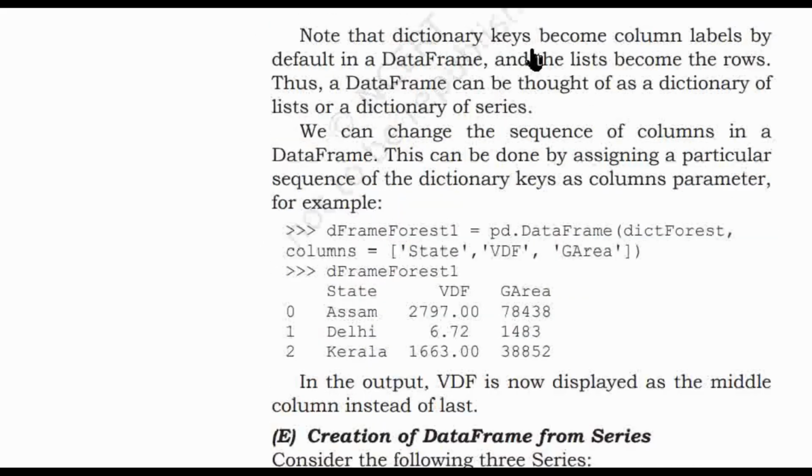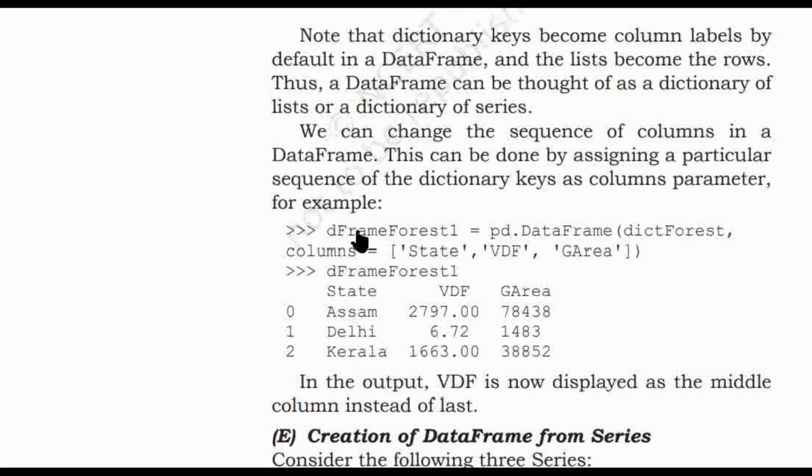Note that dictionary keys become column labels by default in a DataFrame and the lists become the rows. Thus a DataFrame can be thought of as a dictionary of lists or a dictionary of Series. We can change the sequence of columns in a DataFrame. This can be done by assigning a particular sequence of the dictionary keys as the columns parameter.